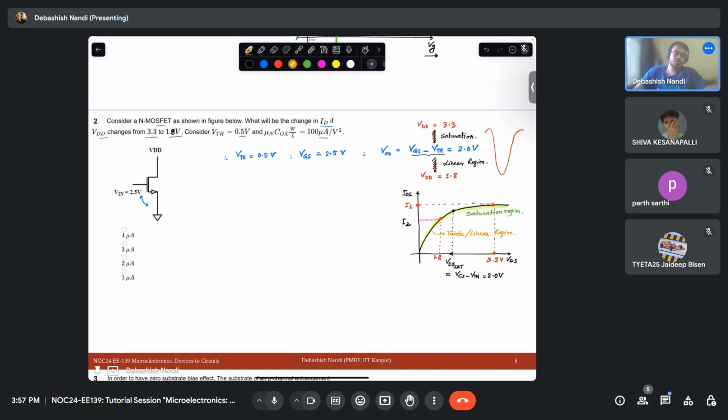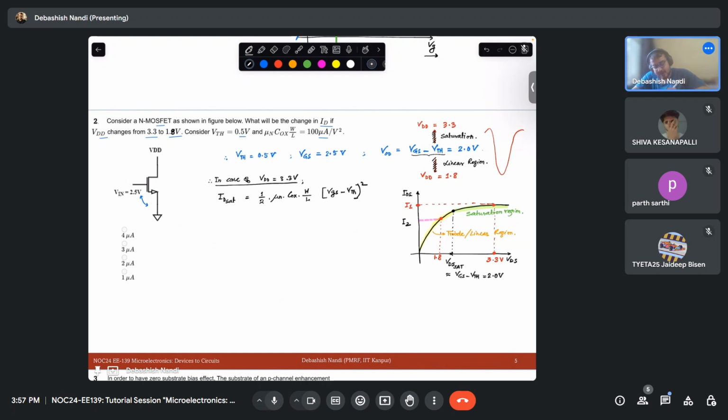Why do I need to understand this? Because I need to use two different kinds of equations to compute my ID. In case of VDD equal to 3.3 volt, I will use the ID saturation equation, that is half mu n C ox W over L times VGS minus VTH whole square.